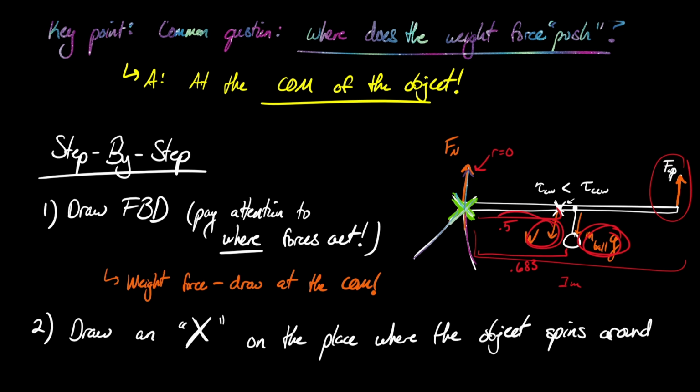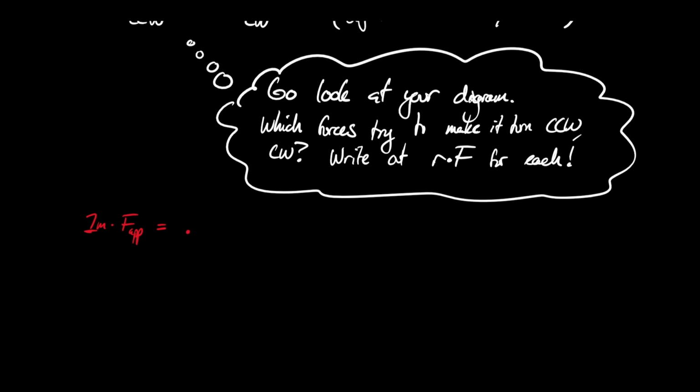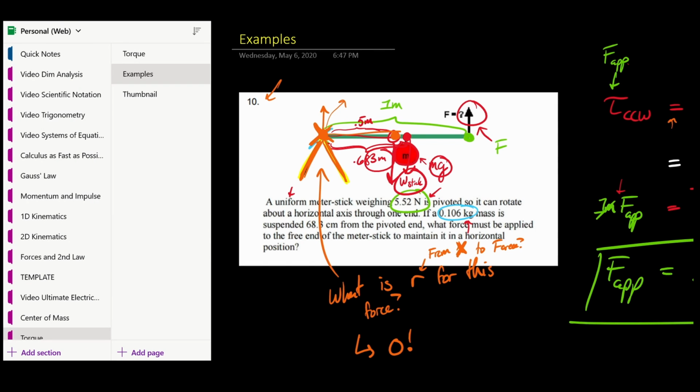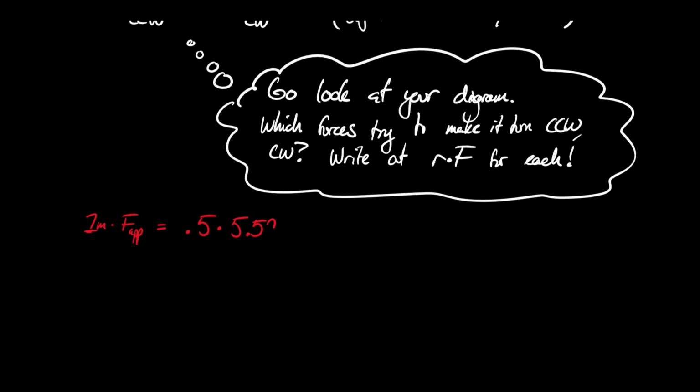We're doing torque due to weight force, so 0.5 times weight, plus torque due to this force, which is R times F. And again, the weight force was told to us to be 5.52 newtons. And again, we add on the torque due to the other guy, which is his distance to the x, times his weight, which is 0.106 kilograms times g.